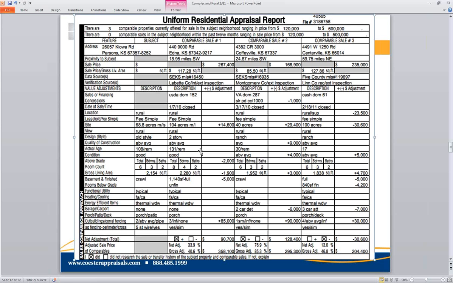Let's say they were all kind of similar, and then you could just deal with the age of the comparables and the distance. They'd have probably approved the loan.